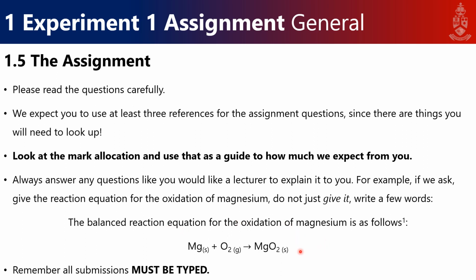In a test, it might have just asked to give the balanced reaction equation for the oxidation of magnesium, and then you get your mark because you have limited time in a test to give an answer. But now you're at home, so you have time to really write me something or give me a well-formulated argument. In other words, you can write something proper. So that's what we expect of you to do in your reports.